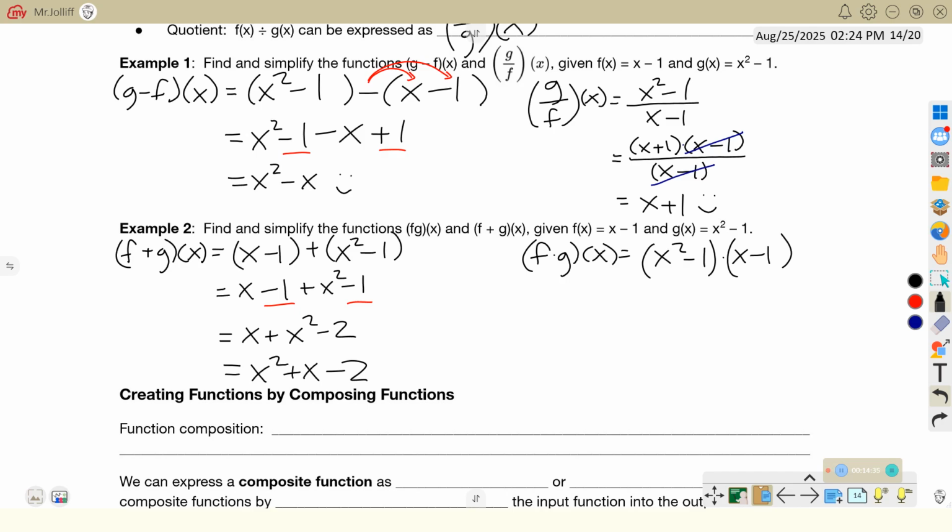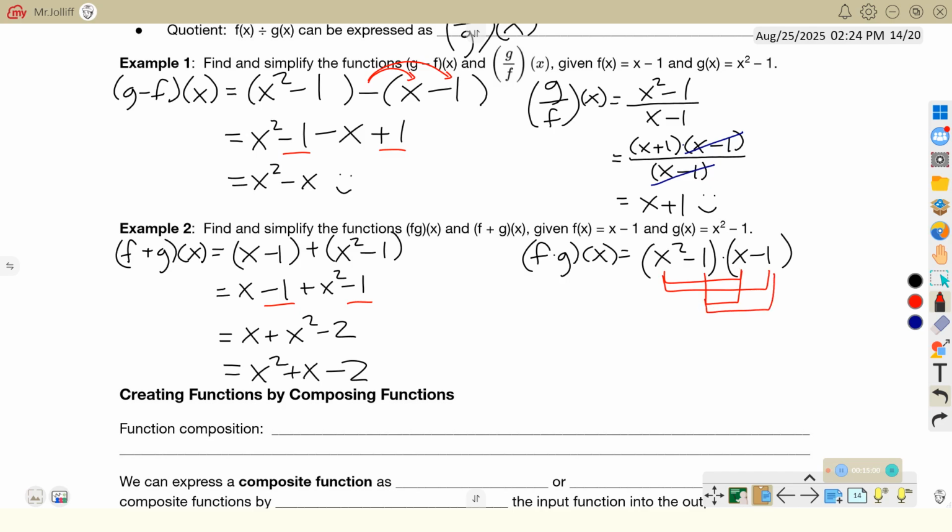So those are what we call binomials. They have two terms each. When I multiply binomials, I have two choices. I can FOIL, or I can use the box method. Do we have a preference? FOIL? That seems to be the popular one. So FOIL is first, outer, inner, last.